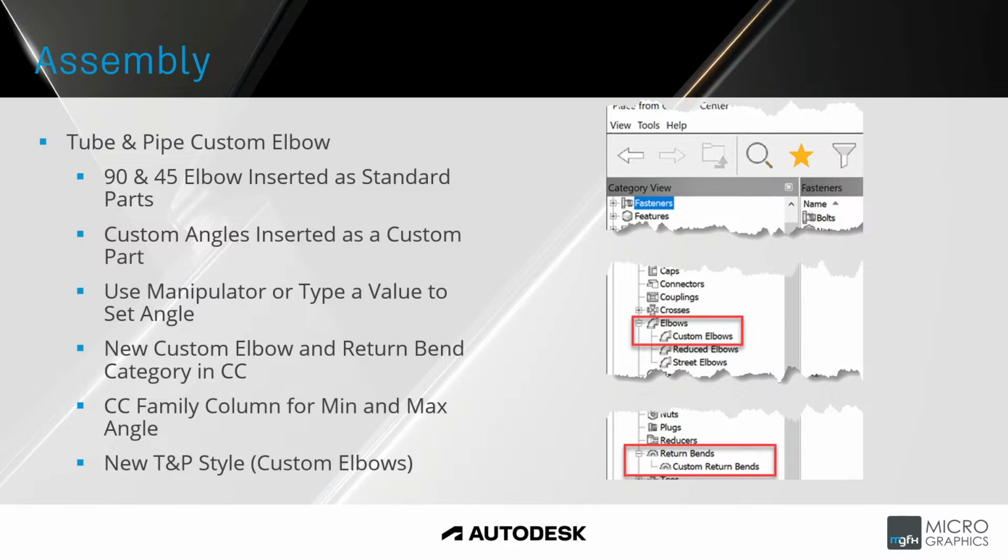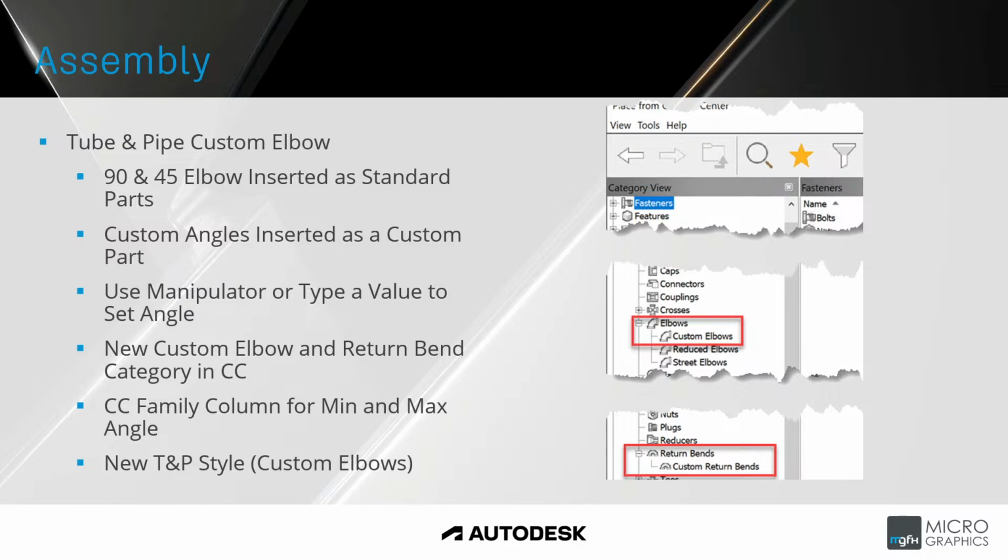But now you're able to create custom angles. These custom angles would be inserted as a custom part, so that part would be saved in the project, custom to that project, and you're able to change the angle of the elbow by using a manipulator or typing in a value to set the angle for that elbow.